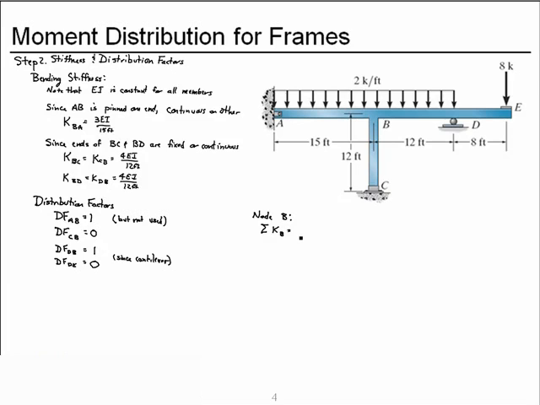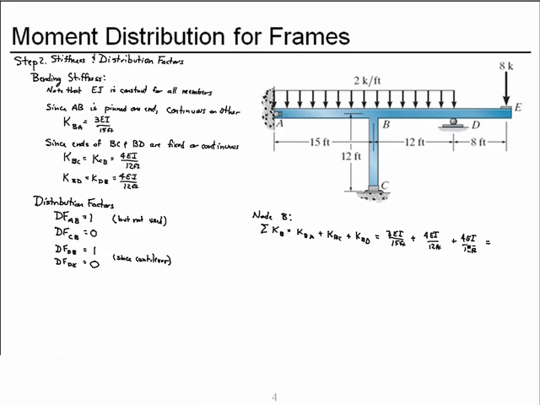So we have member BA, member BC, and member BD, which have stiffnesses of 3 EI over 15 feet plus 4 EI over 12 feet plus 4 EI over 12 feet, and the least common denominator will be 15.